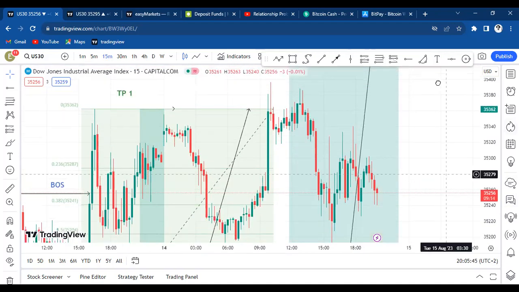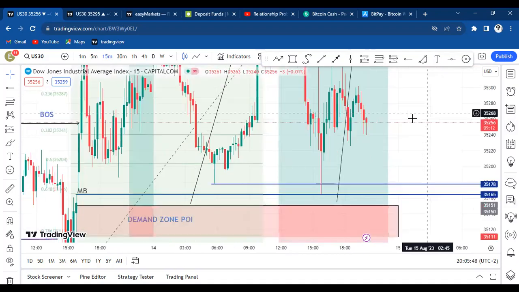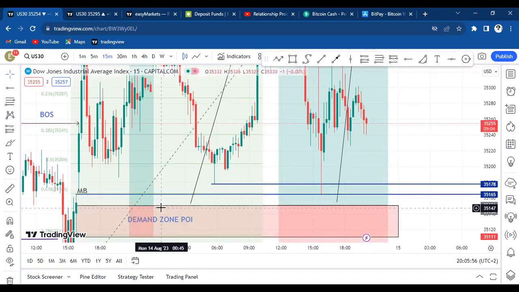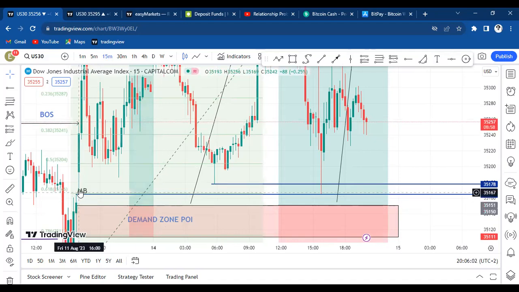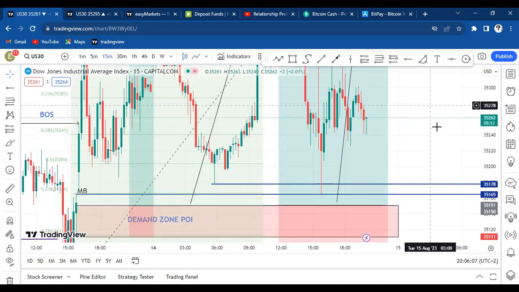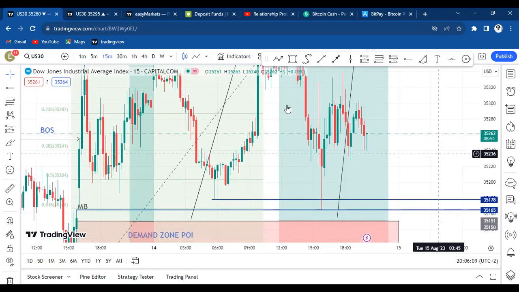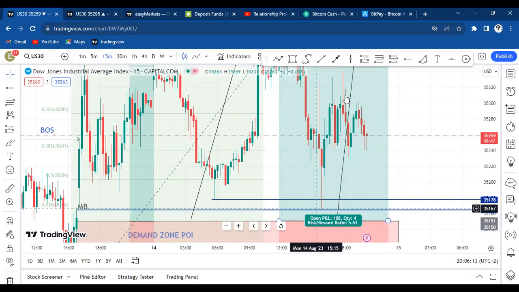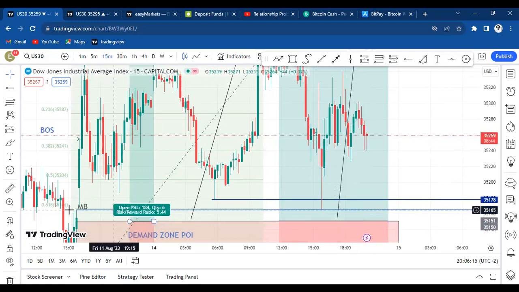Let me show you the market imbalance. This was the market imbalance. The moment the market gets here, when you're trading imbalances, you're certain that I am buying. So the market came here, then shot up. Came here, shot up.